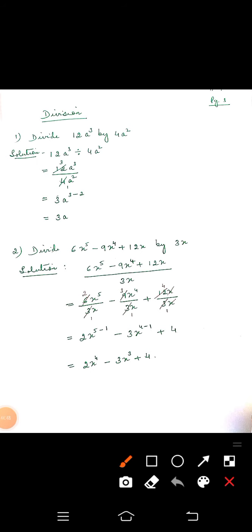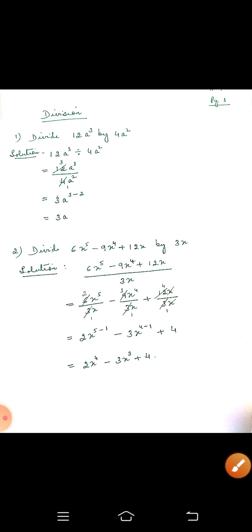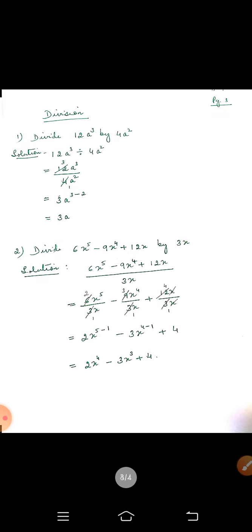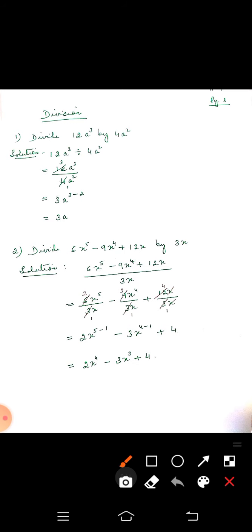Next we have the division of algebraic expressions. Okay, here you have the first question. Divide 12a cube by 4a square. When you solve it, you need to write first 12a cube divided by 4a square. Okay, now this also can be written as this.